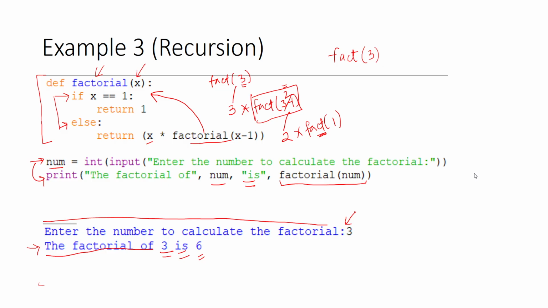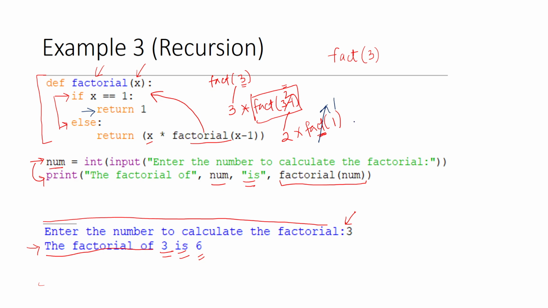Let me see whether I can change the ink color. Okay, I can change it. So when I see x is equal to 1, in this case I know that the return statement is 1, right? So now fact 1 will return the value 1.